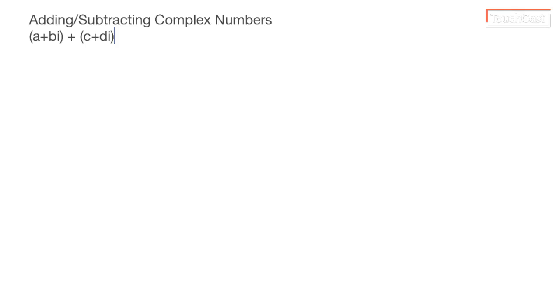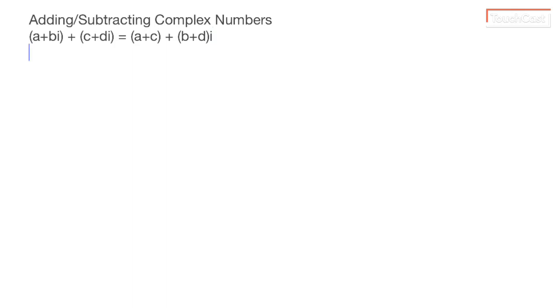Now remember, i is the number we get when we take the square root of -1. So if we are going to add these, all we're going to do is add the real parts. So we're going to go a plus c, and then we're going to add to that, adding the imaginary parts. We're going to go b plus d times i.